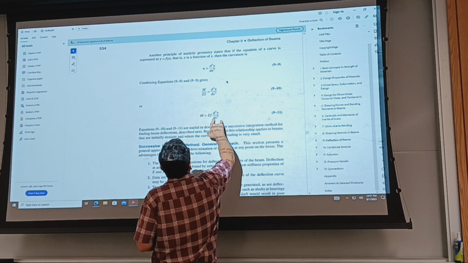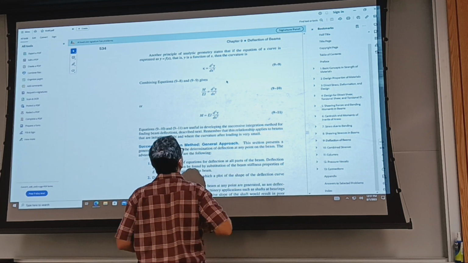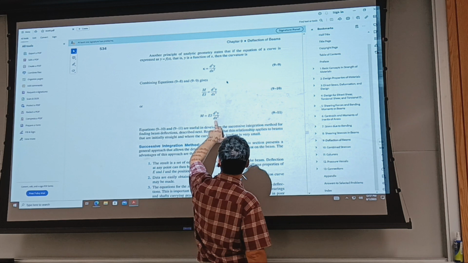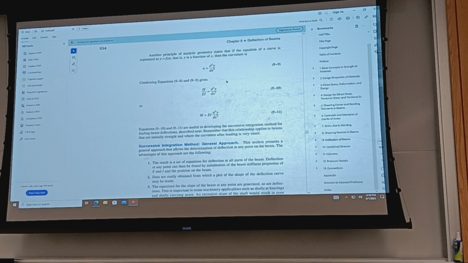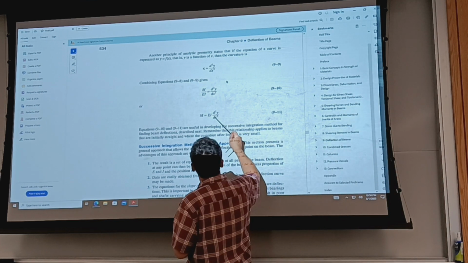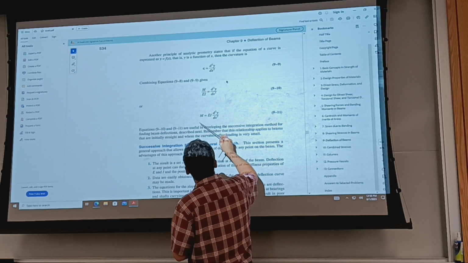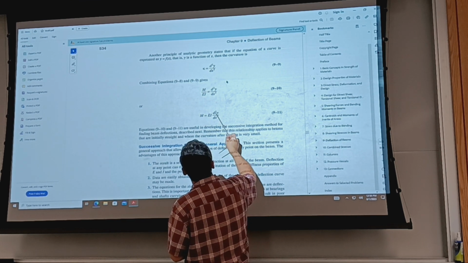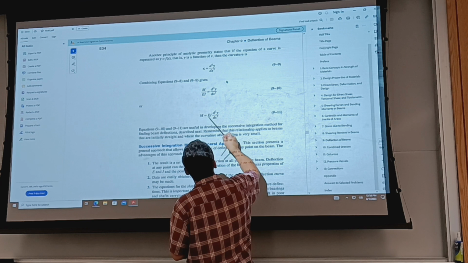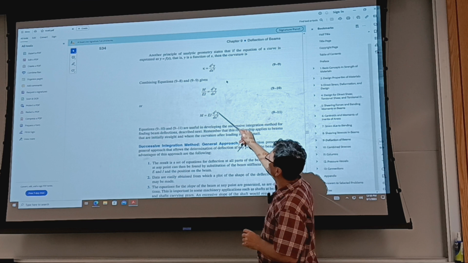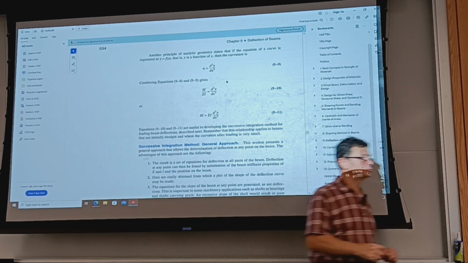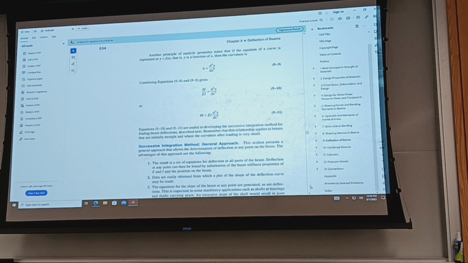For example, the first derivative of y is the slope, so you can write this as d over dx of theta, and you can integrate M to get the slope. Then you integrate the slope to get the deflection, which is ultimately what we're usually interested in.